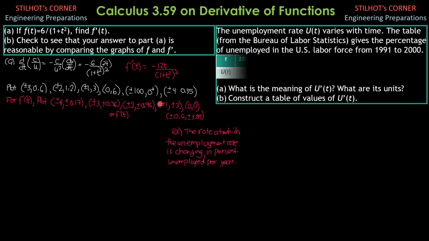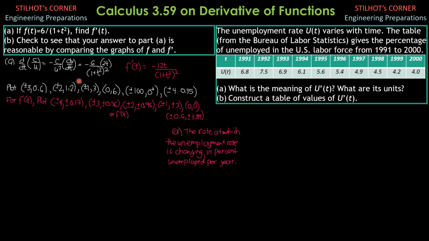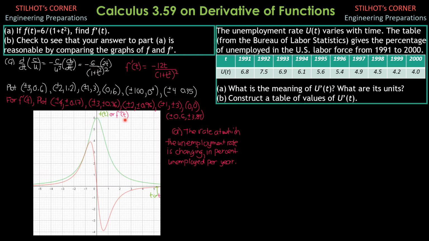So the graph of f of t and f prime of t will be as shown here. We have the green curve, which is f of t. These are the points. And the red curve is f prime of t.